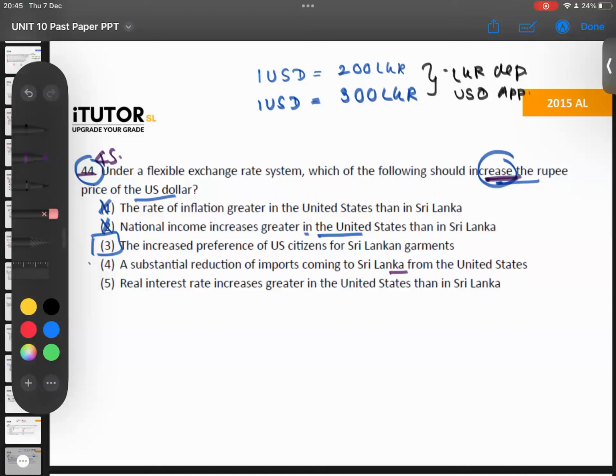Under a flexible exchange rate system, which of the following should increase the rupee price of the US dollar? Ideally, an increase in the rupee price of the US dollar means that's a depreciation, right? Rupee price, that's how you logically read, no? Earlier, the rupee price of a dollar is 200. Now the rupee price is 300 of a dollar. So this has to be a depreciation of the LKR.